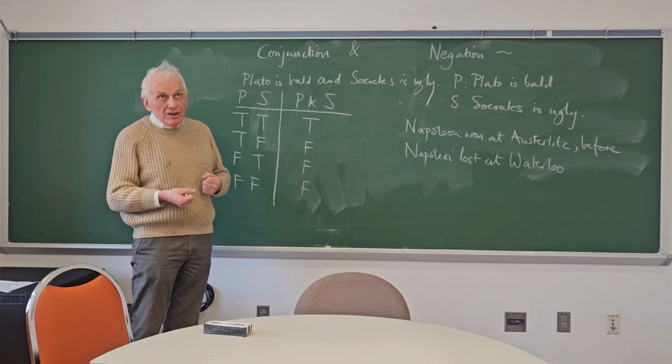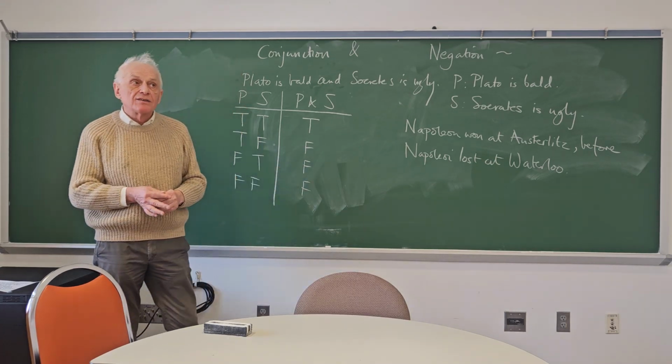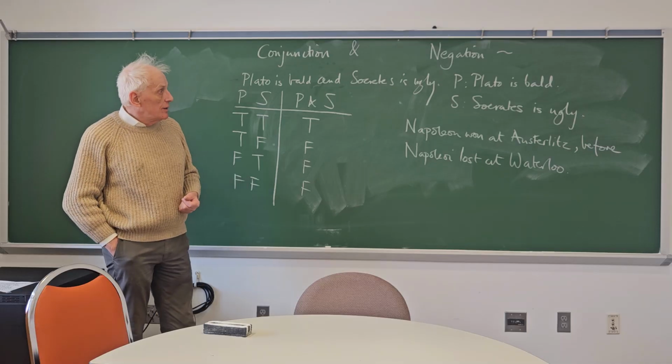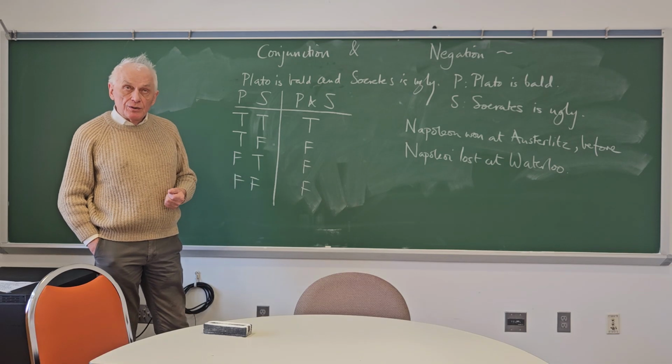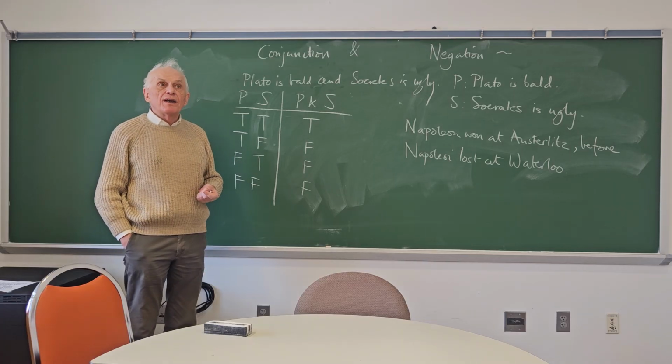So and conjunction is a truth functional connective, but before, although it's a connective, it's not truth functional. And the same goes for the other truth functional connectives that we have.